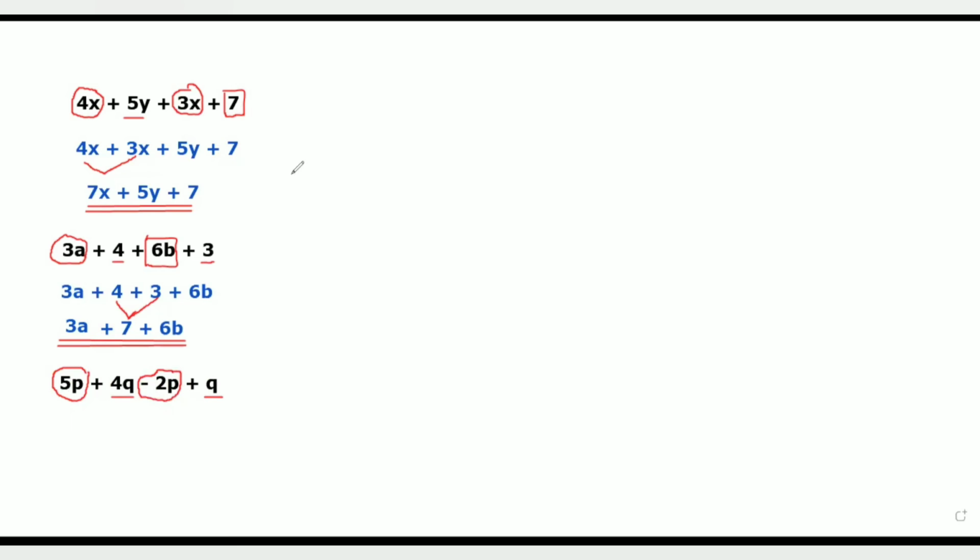So we'll write the same ones nearby. So 5p is there, right? 5p minus 2p, next comes the q group, plus 4q plus q. Now we'll simplify.